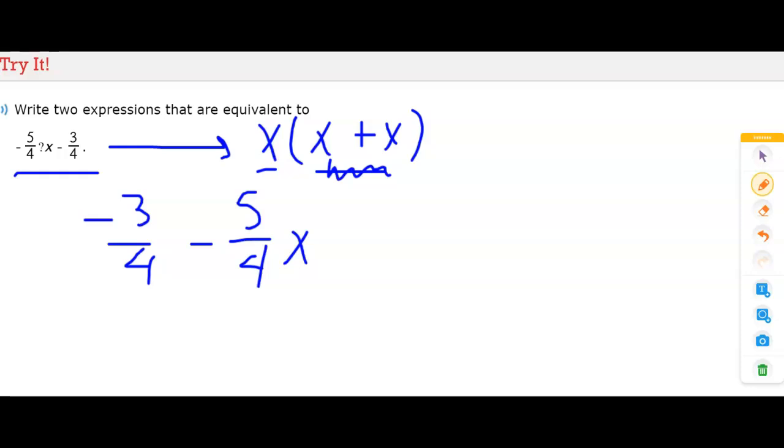So a common factor of 5/4 and 3/4 would actually be 1/4.